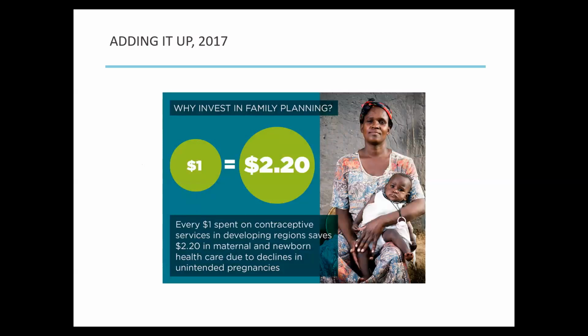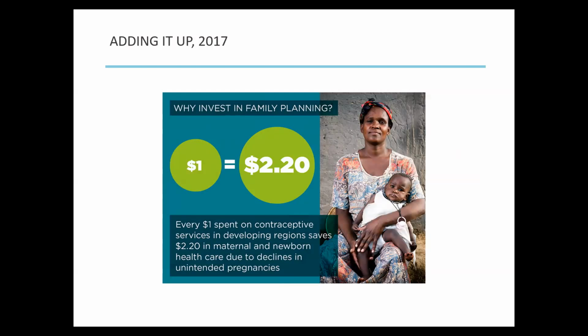is that if you do this math, and if you want to get into more depth, the researchers at Guttmacher provide all of these spreadsheets and resources, but you essentially come down to this: $1 in contraceptives results in $2.20 in savings in maternal and newborn health care due to declines in unintended pregnancy.